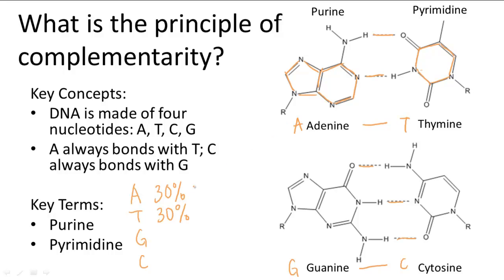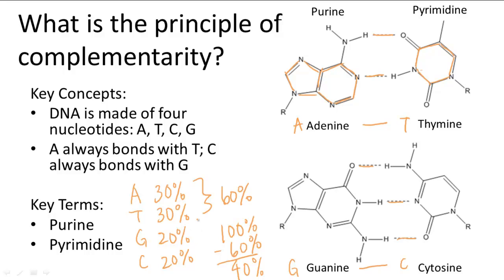Once you add these two together, you have 60%, and you subtract 60% from 100%, because 100% represents the entire DNA strand, and you have 40% left to distribute evenly between guanine and cytosine. So you can take 40%, divide by 2, and you get 20% for each of guanine and cytosine bases.